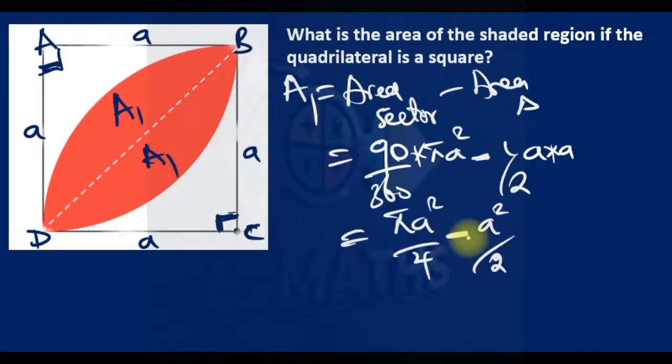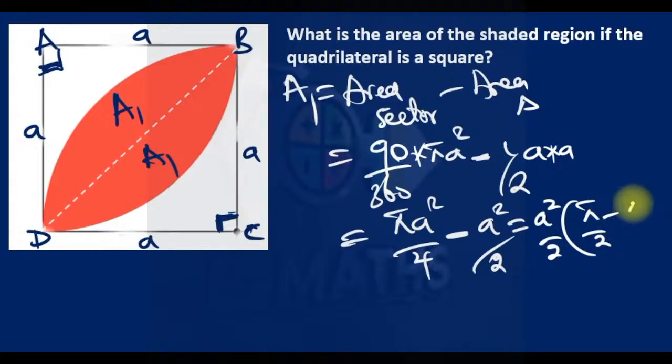We can factor what is common in both, A squared over 2, and we are left with pi over 2 minus 1.